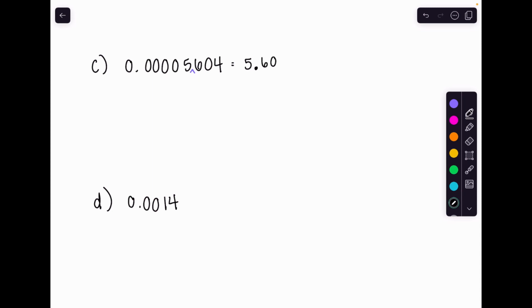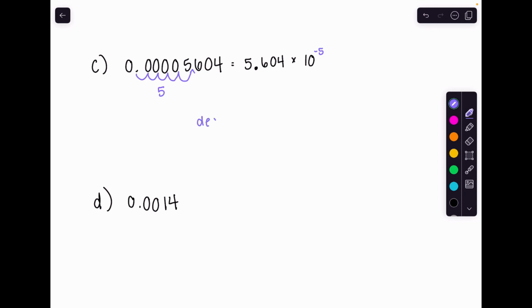And then I copy everything down until I hit the end. So you see we're also copying the 0 that's sandwiched in between each of these because it's significant within those two. And then this is going to be times 10 to a power. In this case, our decimal moved 1, 2, 3, 4, 5 places. So it gets negative 5 as the exponent.